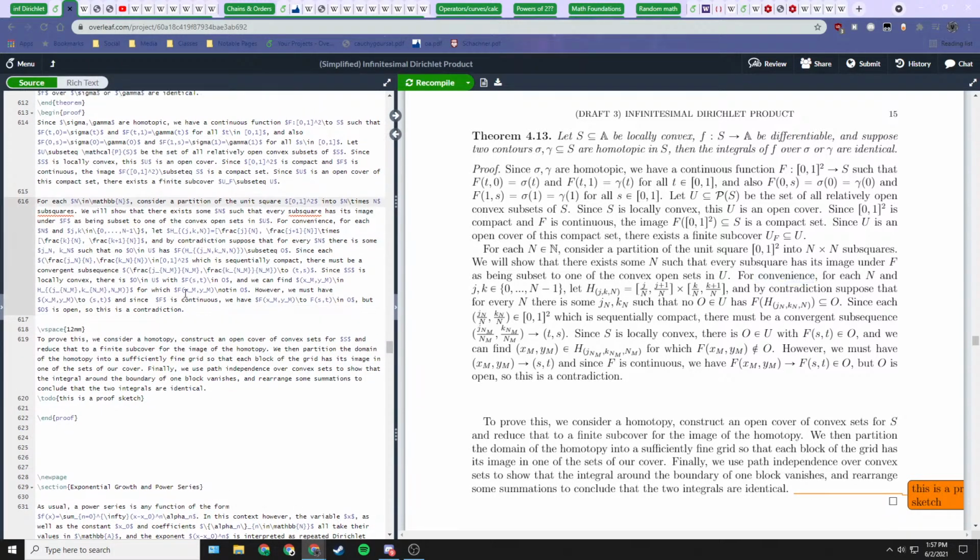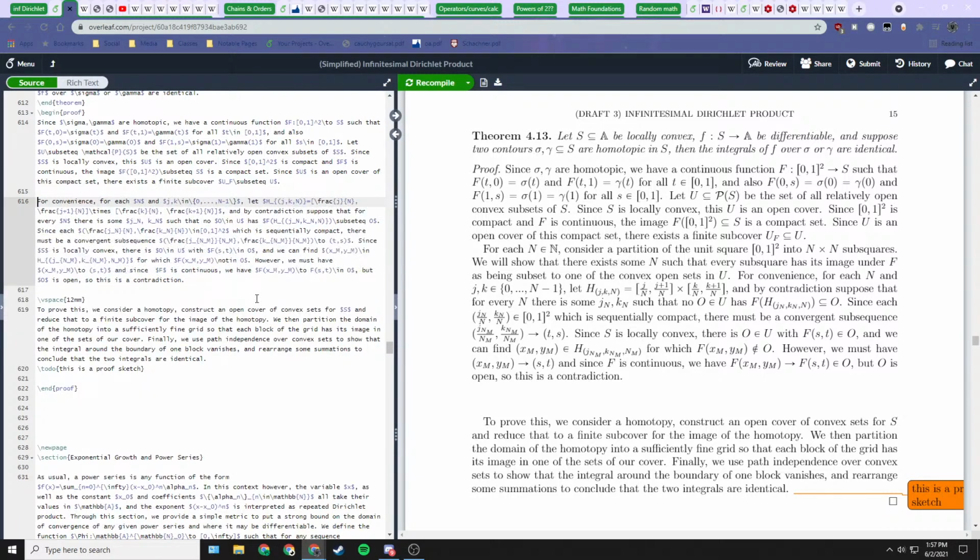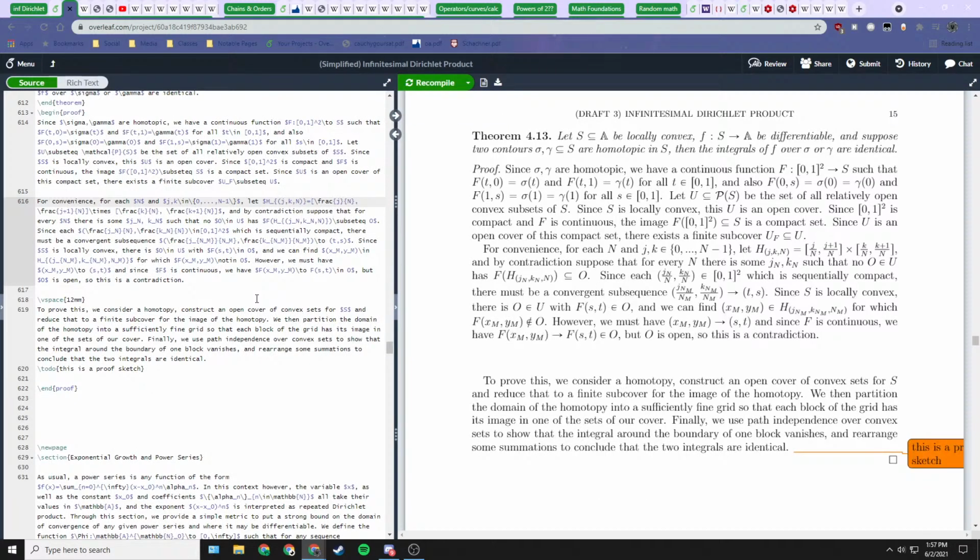So let's clean this up a bit. So for each n, let this be that by contradiction. Suppose that for every n, and so on.